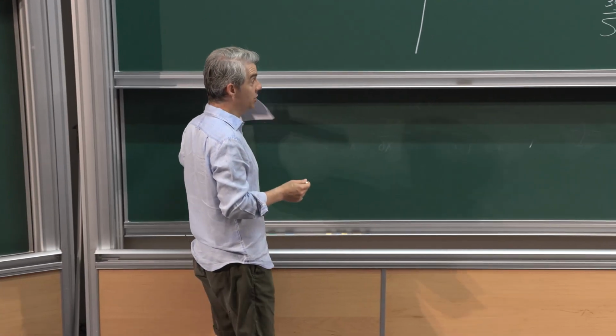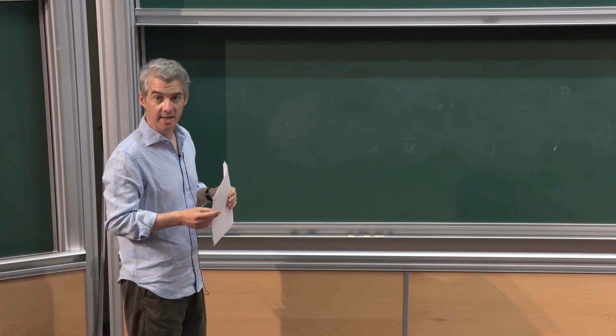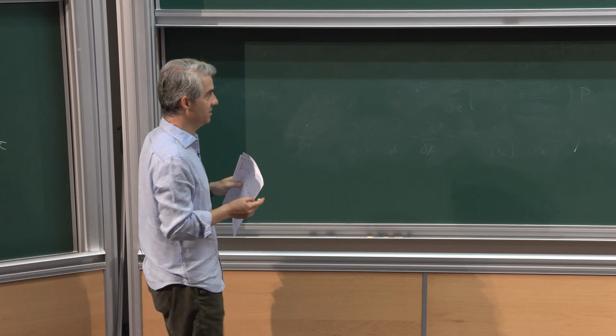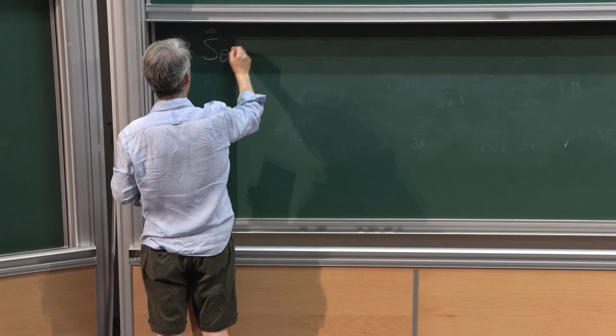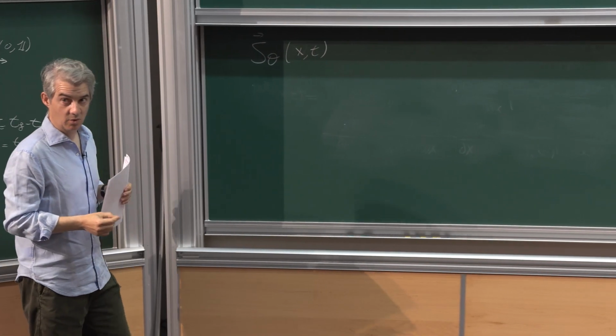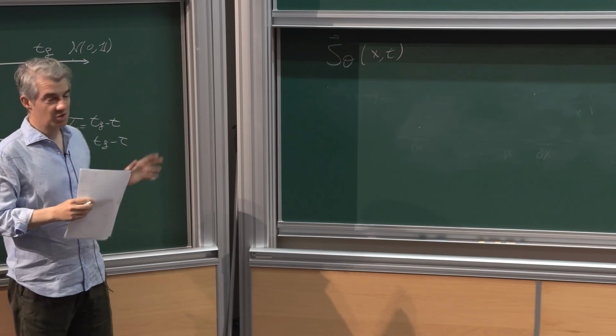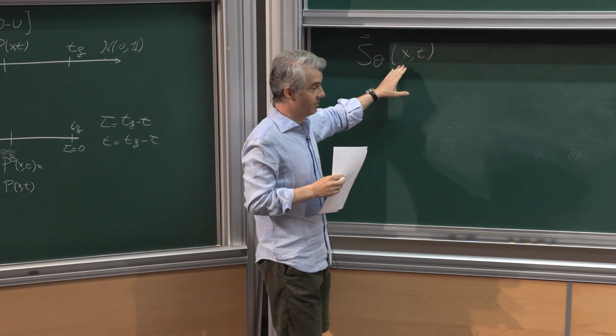And so what people do is use a neural network representation for this function. They construct a function S_theta(x, t), where theta are all the parameters of the neural network. I will not go over what kind of neural network they use.